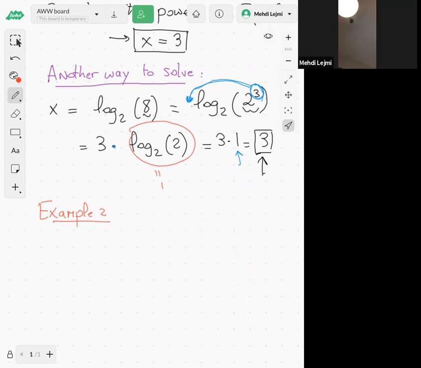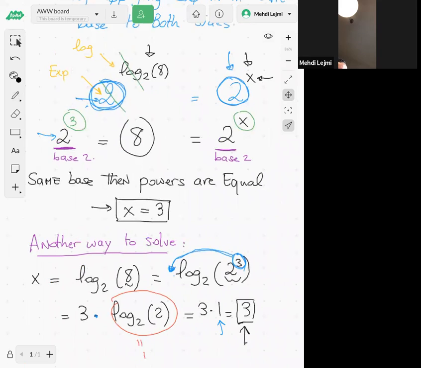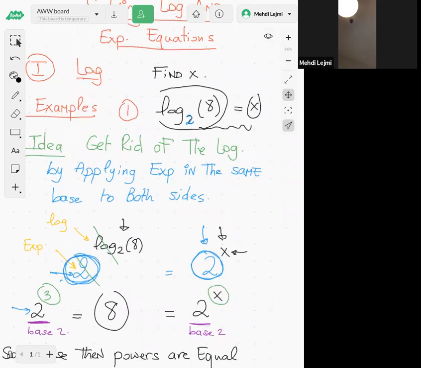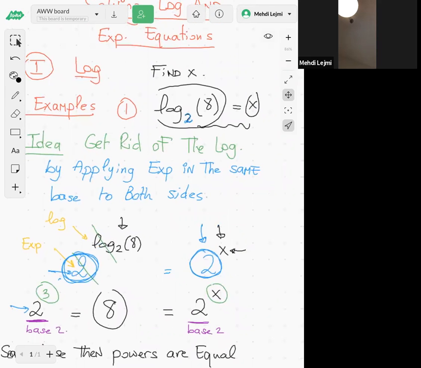Let's say you want to solve for x. Here in the first example I had just one log: the log of 8 in base 2 is equal to x.